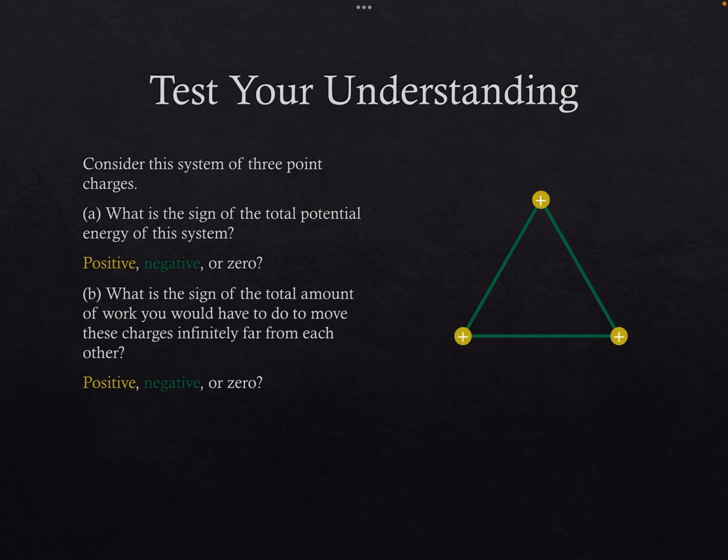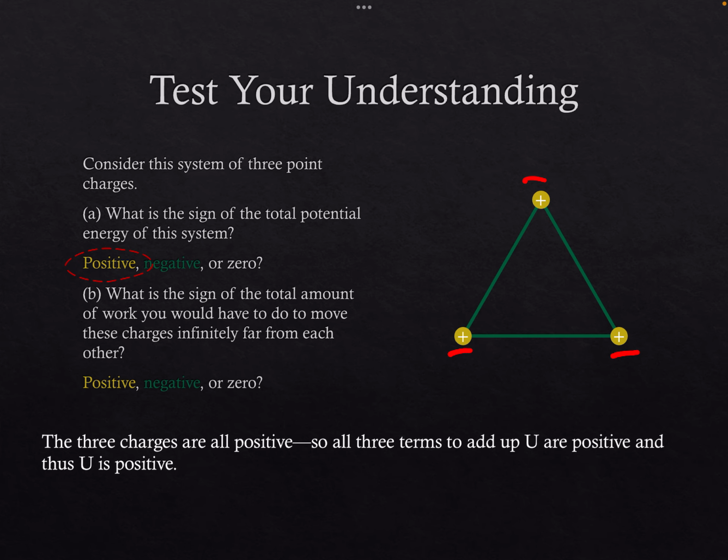So right, in the other example, we saw that the sign of each charge determined the sign of that term. So here we have all positive charges, so we don't have anything that's going to introduce a negative sign. And so the total potential energy of the system should be positive.